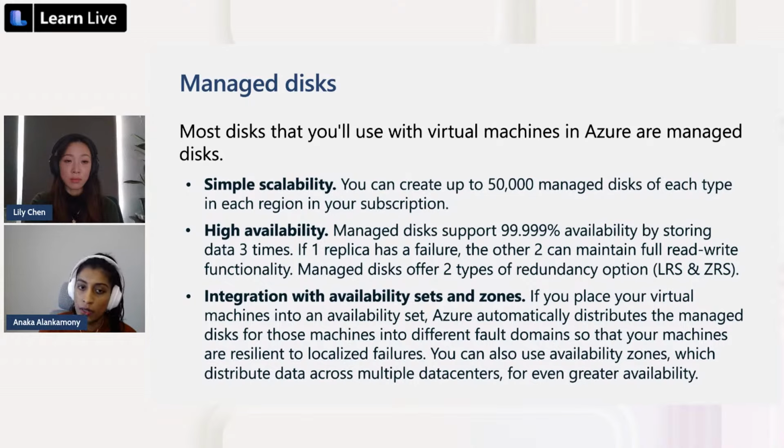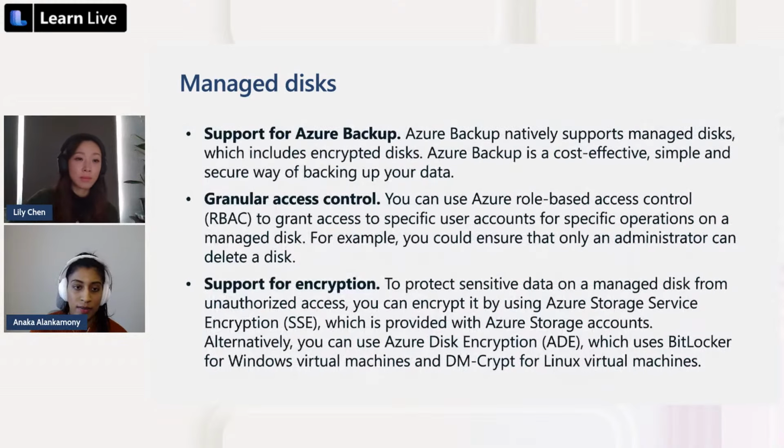So if one zone goes down due to, let's say, earthquakes or floods, this is highly unlikely, but it's possible, then your application is still up and running because you will have a VM and a disk in a different unaffected zone. Integrating disks with an availability zone or set is only possible with a managed disk. So let's move on to the next slide.